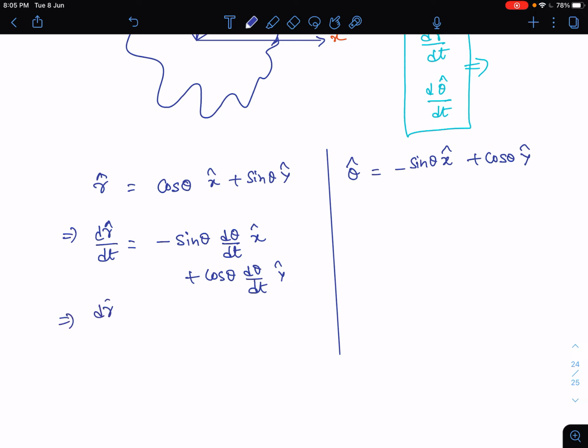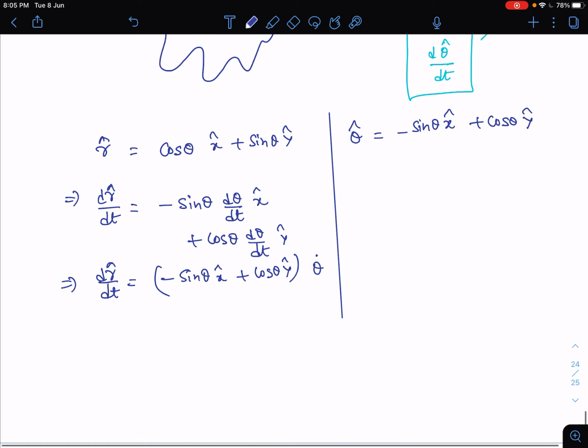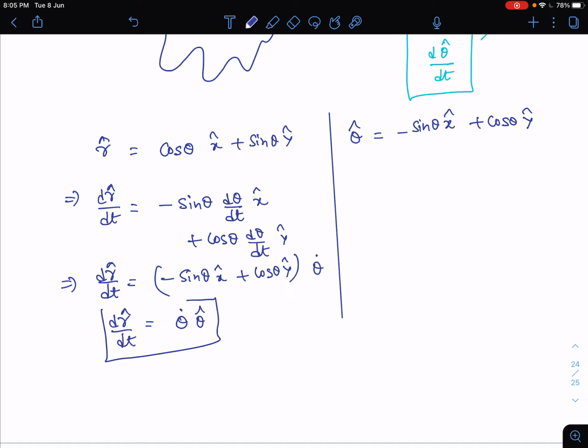That is, dr cap by dt is minus sin theta x cap plus cos theta y cap times theta dot, and theta dot is the short version of d theta by dt. And what is this? This is nothing but theta cap, that is theta dot theta cap. So dr cap by dt is nothing but theta dot theta cap.